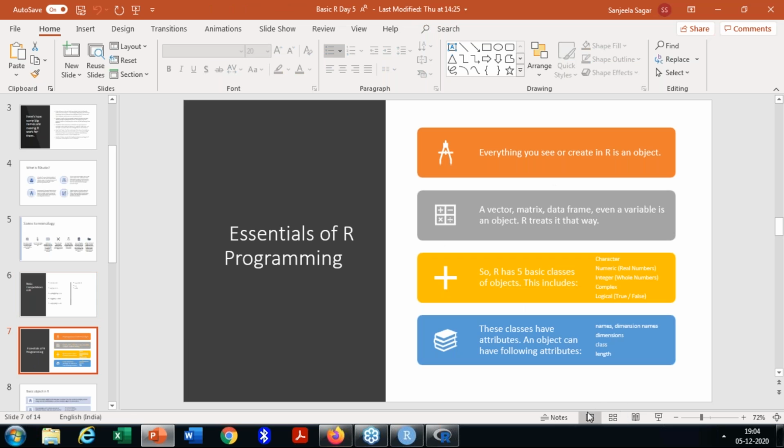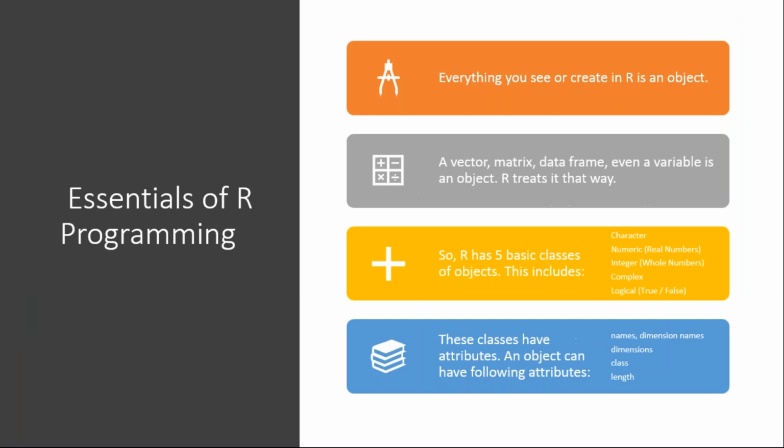So here we did about what is a vector. A vector is a variable which will be storing the same data type. So R has 5 basic classes of objects. One is character, second is numeric type, then integer.